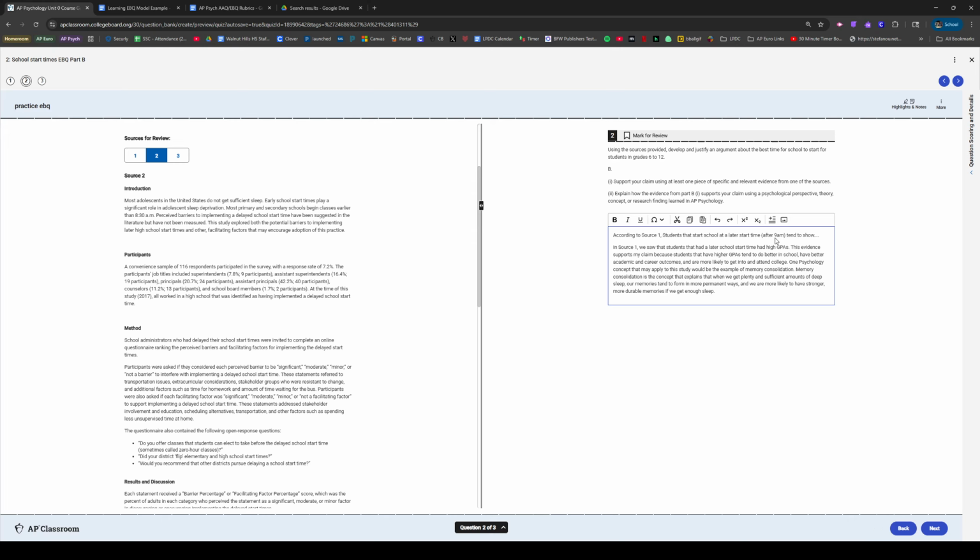So if I were to take out memory consolidation and say, "In psychology we learn that," and just go on with my definition, there's a good chance I'll get the point. So I recommend you do that.